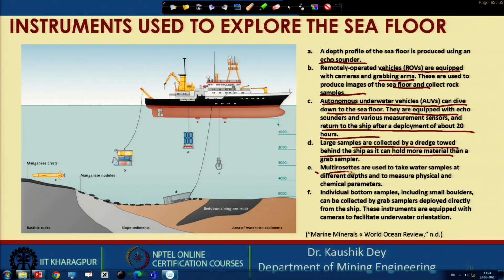Then the water is taken out from the samples, and the samples are measured for physical and chemical properties, and they are also crushed and different chemical analyses are carried out on those samples.